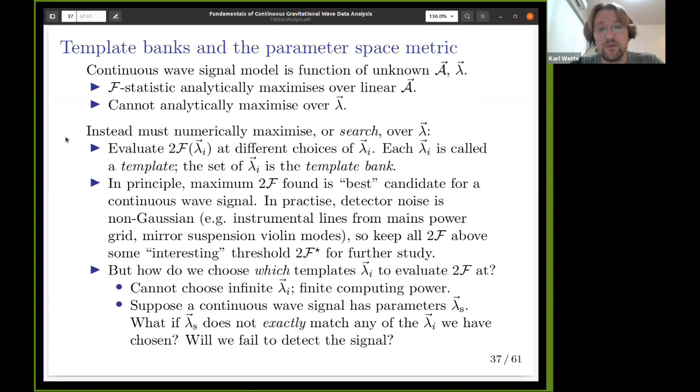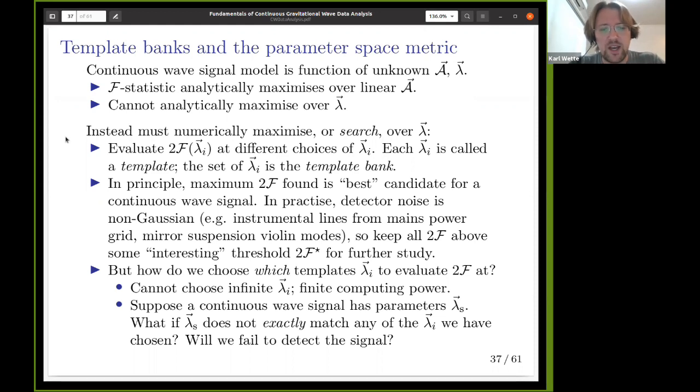In principle, when we find the value where 2F is maximum, we'd say that's our best candidate for a CW signal. In practice, because our detectors are not perfect and have instrumental noise of various types, we usually choose some threshold, and keep all results above that, which we'll then study further in detail.